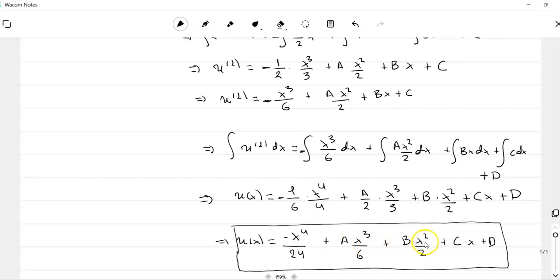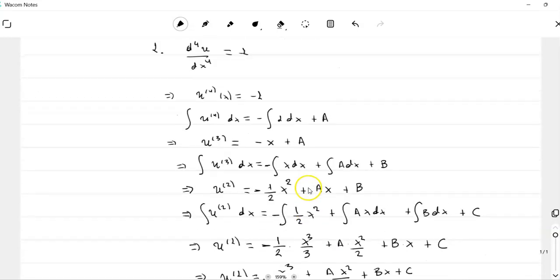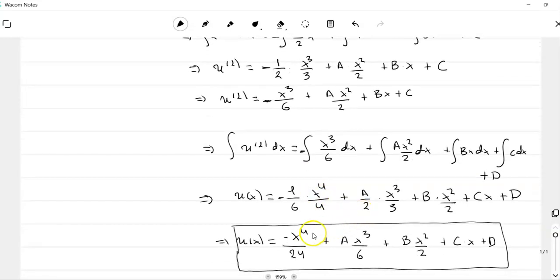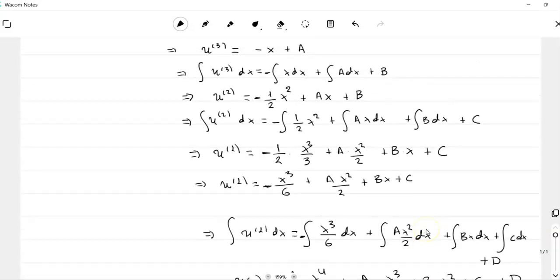So I need 4 boundary conditions here in order to define a, b, c, and d, because this is a biharmonic equation. So my general solution, I repeat, is minus x to the power of 4 over 24 plus a times x to the power of 3 over 6 plus b times x squared over 2 plus c times x plus d.